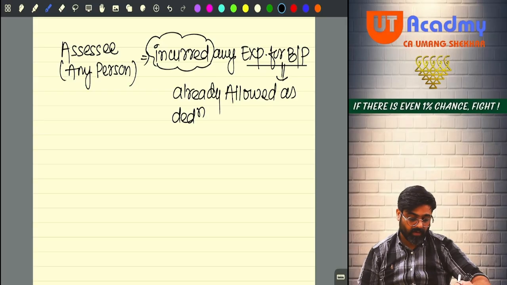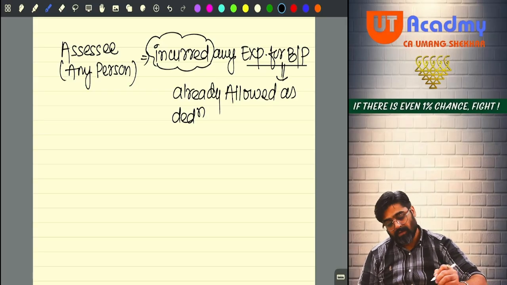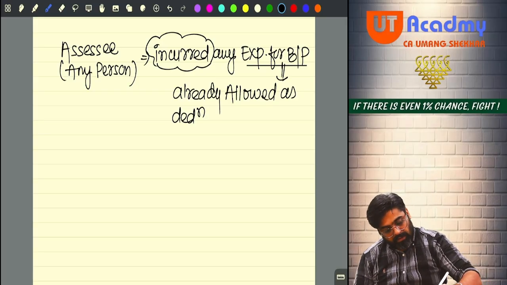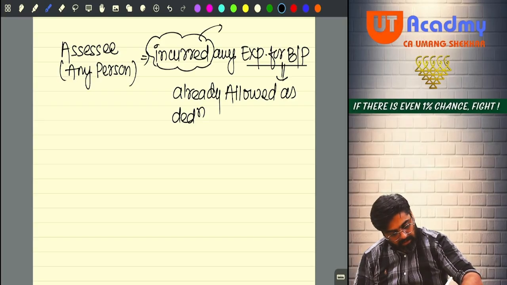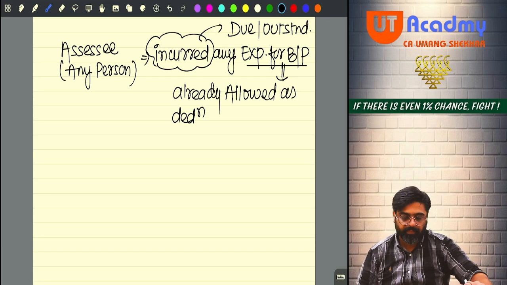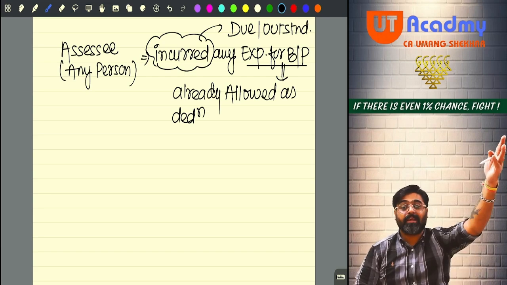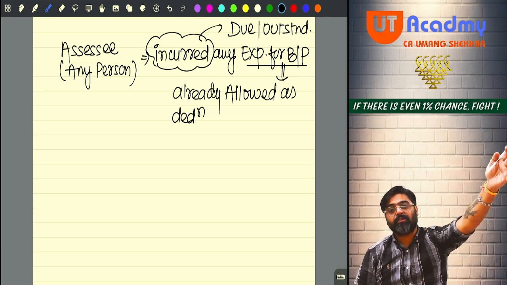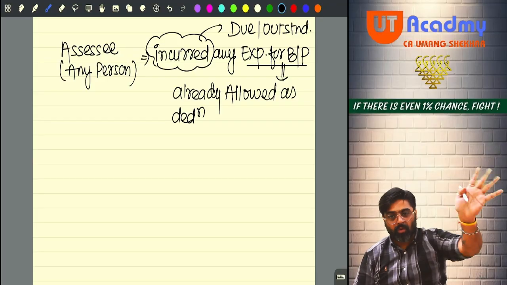Okay. Why was it allowed as a deduction? Because it was incurred, meaning it is still due or still outstanding. So for that business expense or expense of the profession, no payment is made.